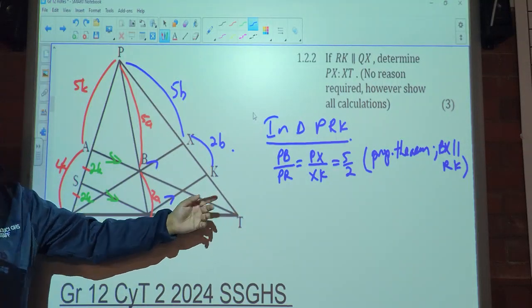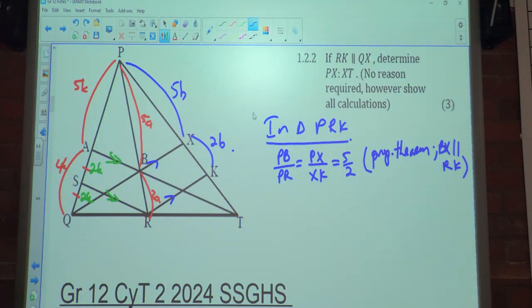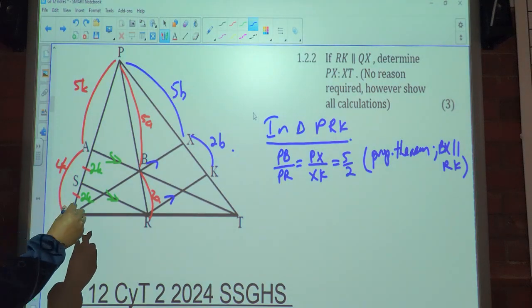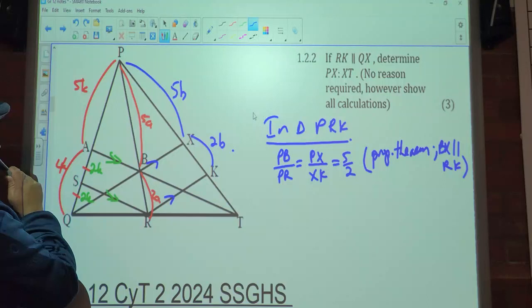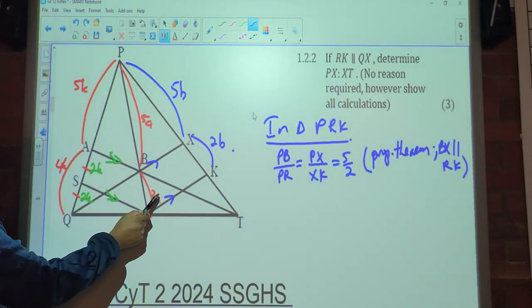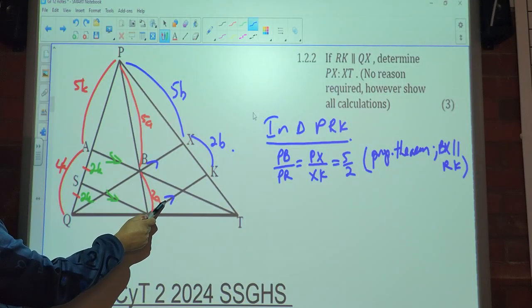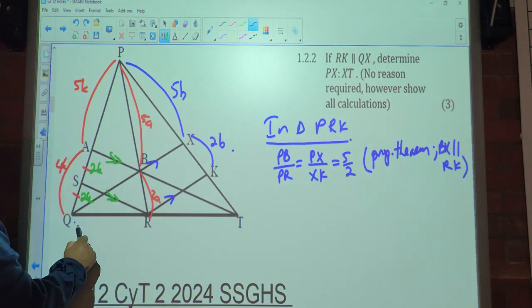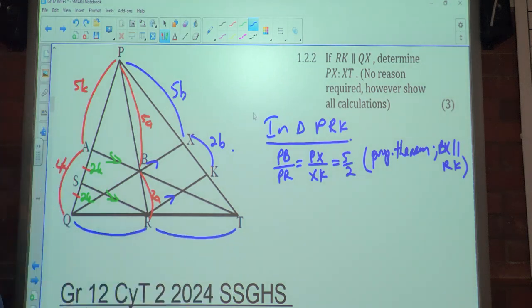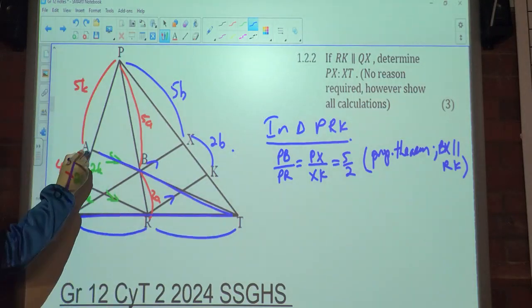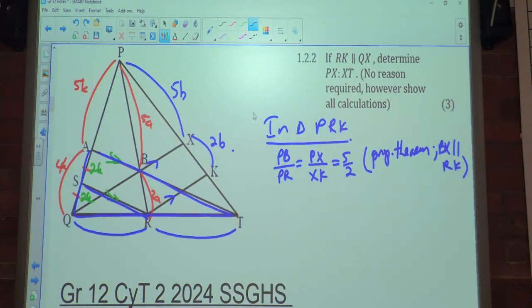So I still need KT. Not so. So now, you see these lines are parallel. Okay? And this side here is equal to this side here. Why? Because of this triangle's midpoint here. Can you see that, people? So let's go with that quickly.